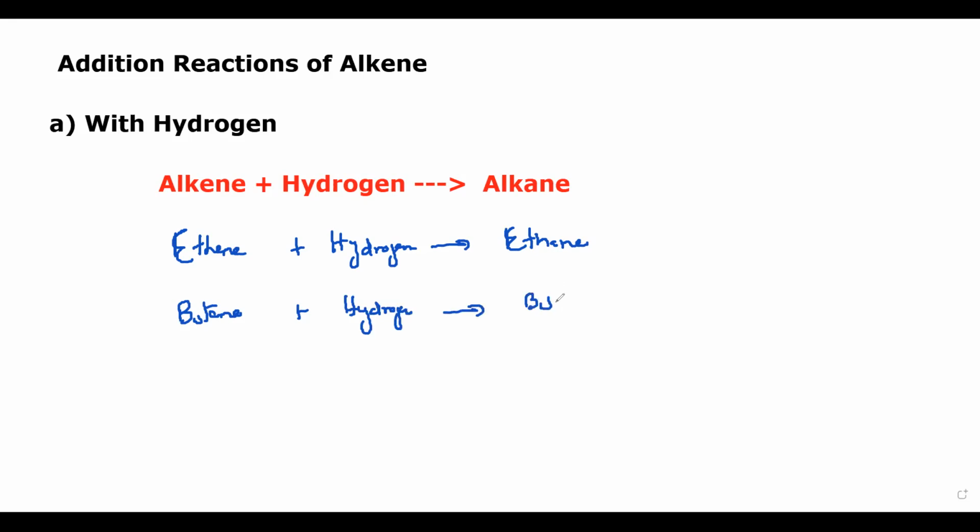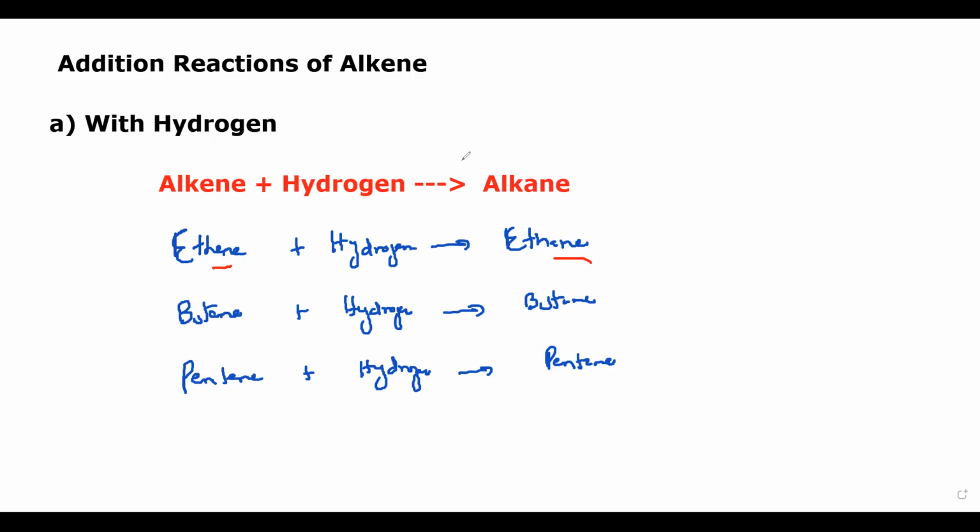The product will be butane. If we have pentene plus hydrogen, what will be the product? The product will be pentane. So when an alkene reacts with hydrogen, as a result, it will turn into an alkane.